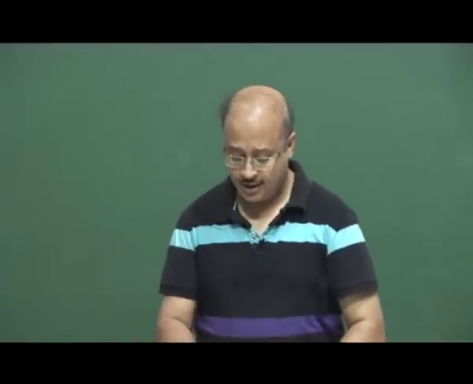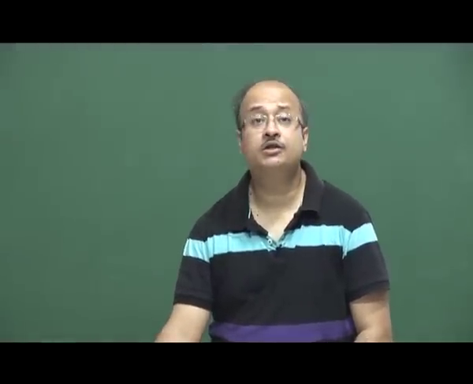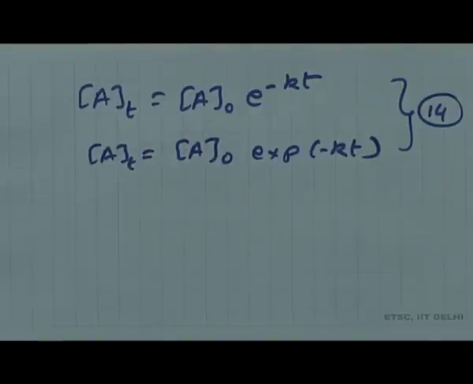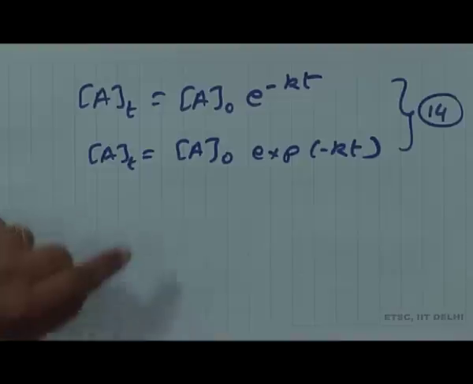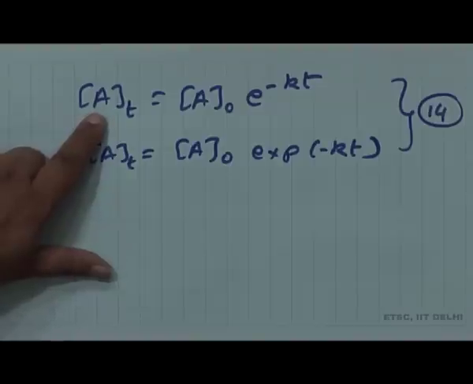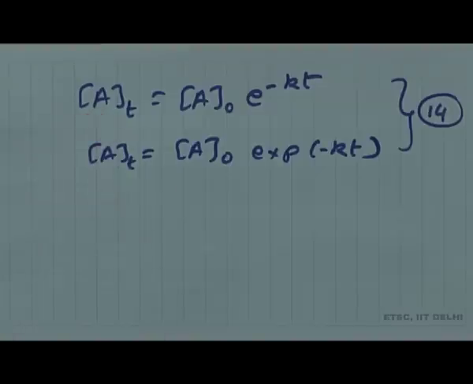What it means is, if you focus on equation 14, concentration of A naught is the initial concentration, t is the time that has elapsed since my reaction has started. What is K? K is the rate constant, okay, and you immediately realize that what the equation is trying to tell you is that the concentration of A at time t is essentially an exponentially decaying function.